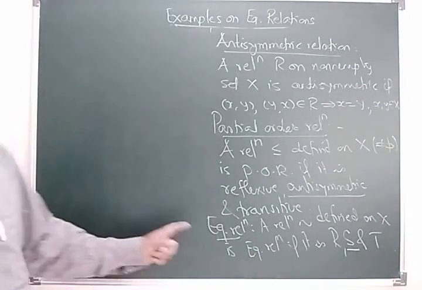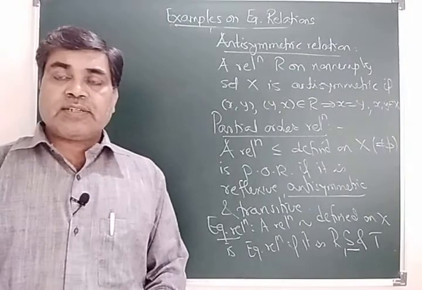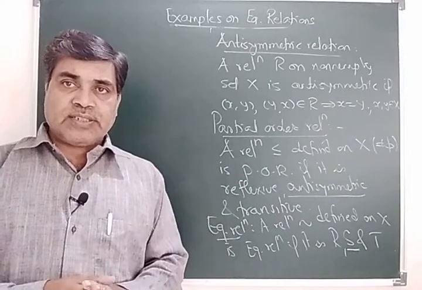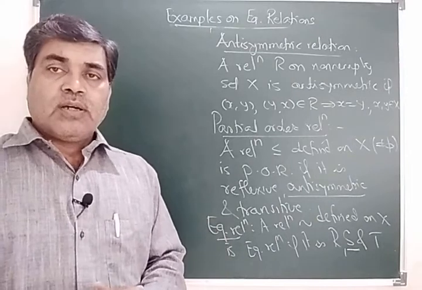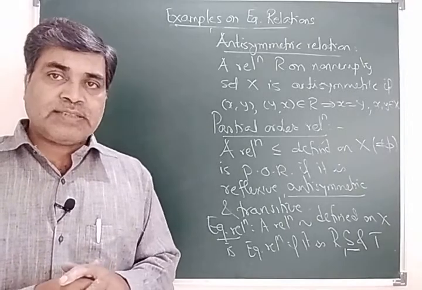We have taken a few examples of equivalence relation. I also explained the equivalence classes theorem: every equivalence relation on a non-empty set X defines a partition, and conversely every partition defines an equivalence relation.